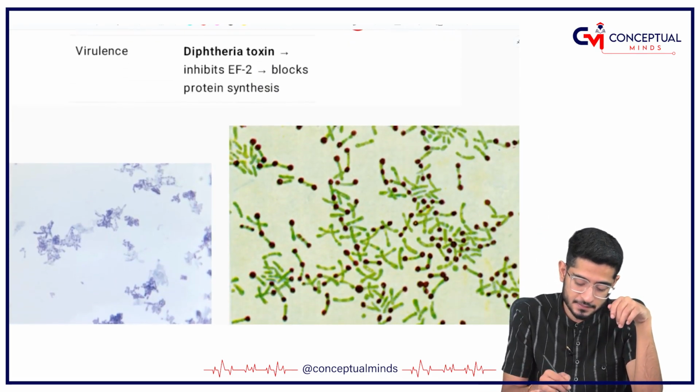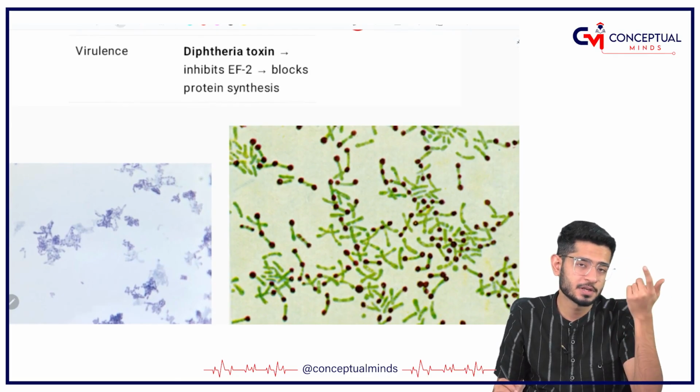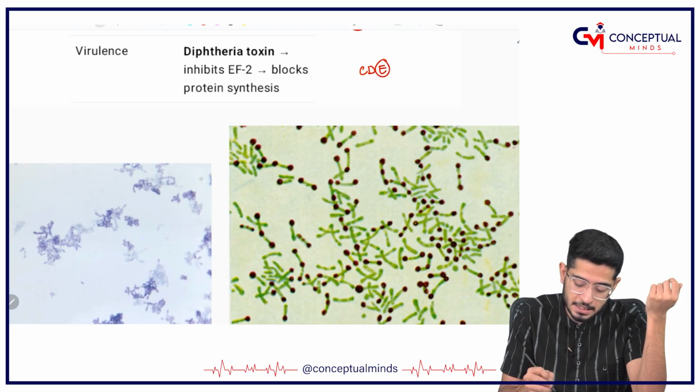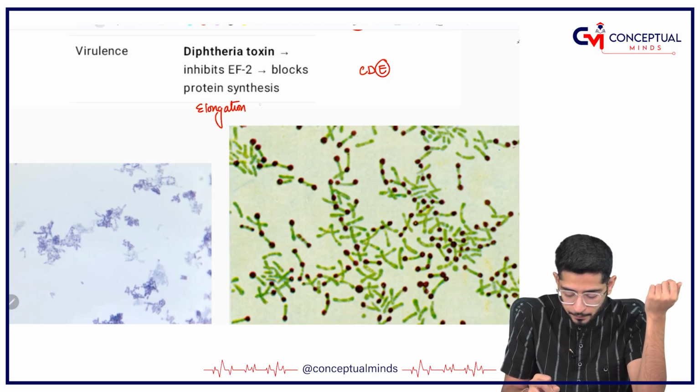What is the virulence factor? If you remember from your general microbiology class, I told you that Corynebacterium diphtheriae blocks EF2, that is elongation factor 2. Elongation factor means what? This is an amino acid, this is an amino acid, this is an amino acid.